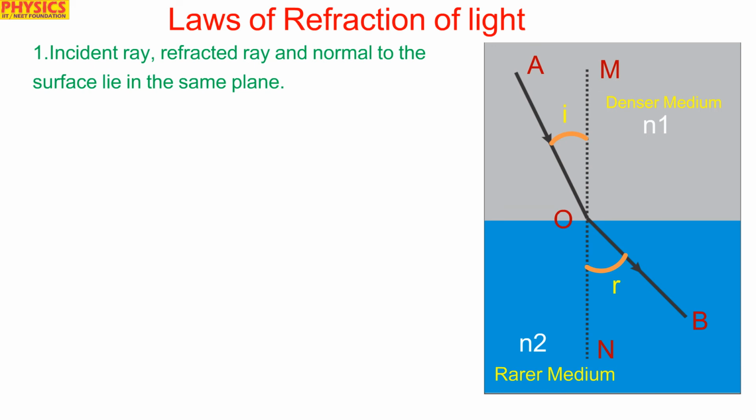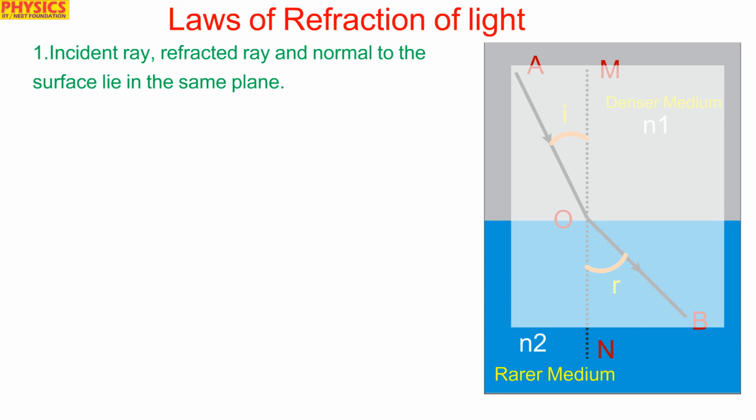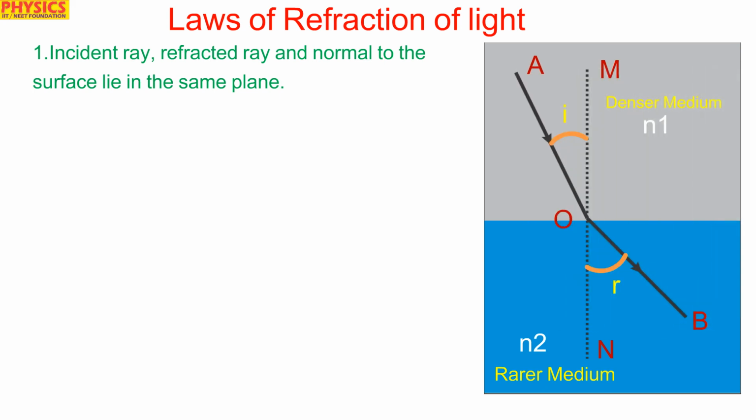These three lie in the same plane. AO is the incident ray here, OB is the refracted ray, and OM is the normal. These three lie in the same surface. Same plane is nothing but what? Same surface.